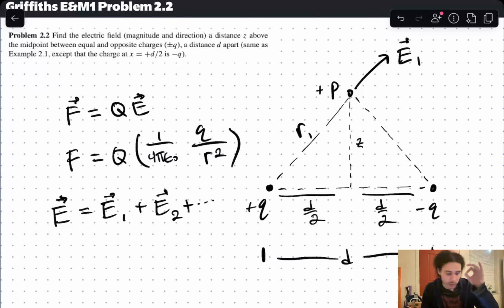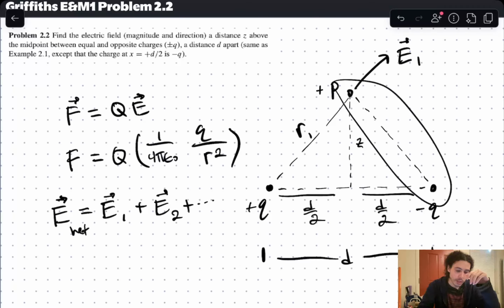We can construct the net electric field by the sum of the individual electric fields produced by each interaction, one at a time.